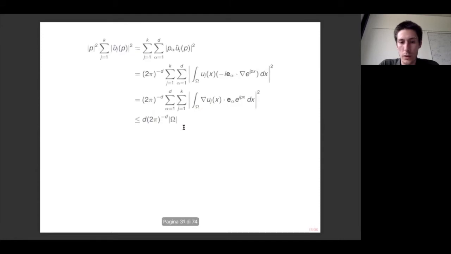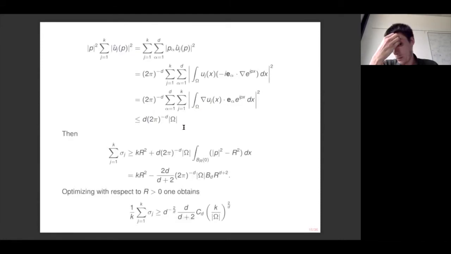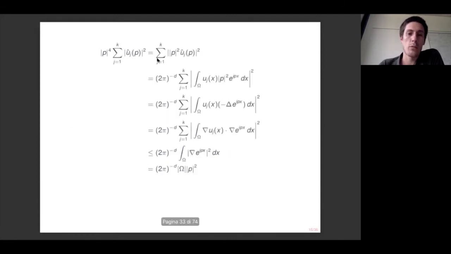And so we fix this gap, remaining in the same spirit of their proof. To fix this gap, one has to consider this quantity here, that is modulus of p to the power 4, and incorporate this term inside the Fourier transform by considering the Laplacian of the generalized eigenfunctions. So again, by integration by parts, one can recover this equality here.